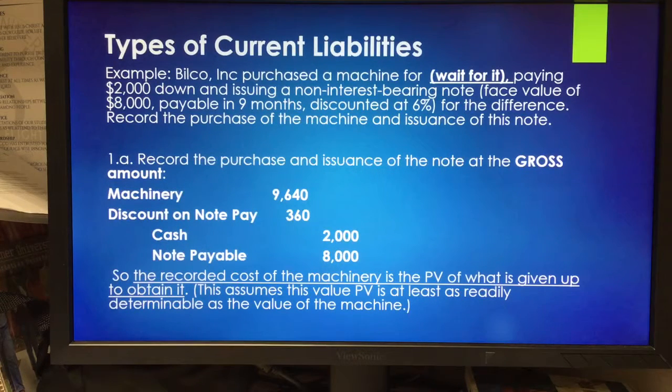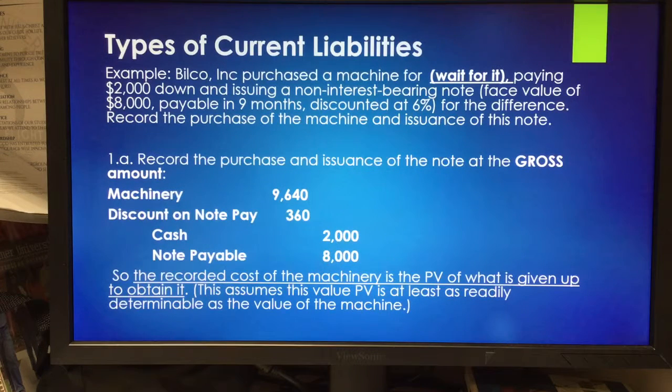Notice here the recorded cost of the machinery is the present value of what's given up in order to obtain it. This assumes that this present value is at least as readily determinable as the value of the machine itself. If you recall from Chapter 10, we will record a long-term asset at either the value of that asset or the value of what's given up to obtain it, whichever is more readily determinable.